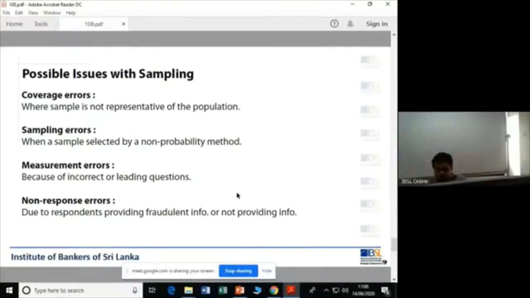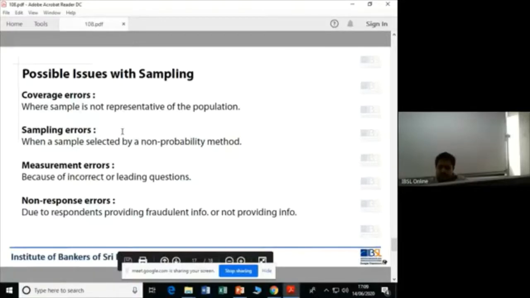Let's say they are not able to or not willing to provide answers or tend to give fraudulent answers, false answers, biased answers. Those will create non-response errors. So those 2 points are very important, measurement errors and non-response errors.